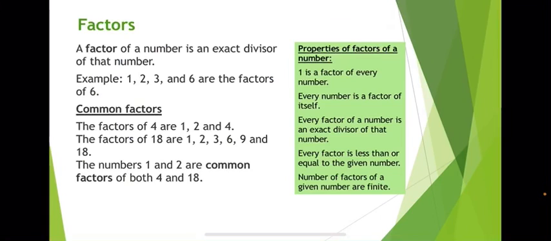Every factor of a number is an exact divisor of that number. Every factor is less than or equal to the given number. Given numbers are finite, that means they have a finite value, and factors are always less than or equal to the given number.